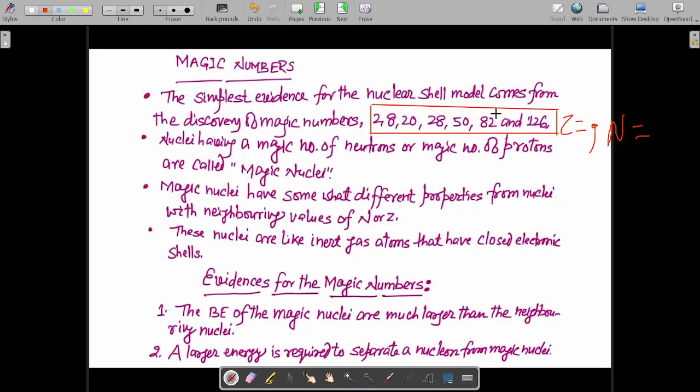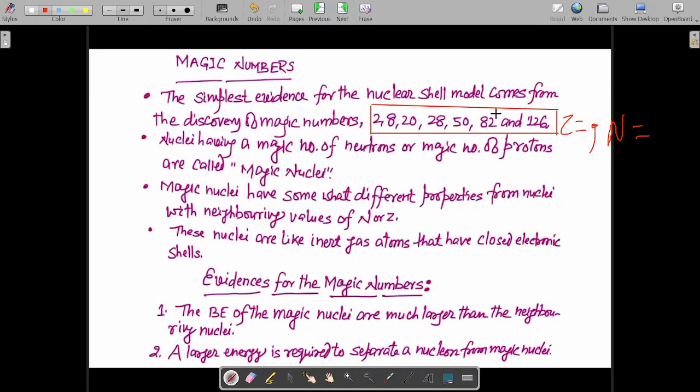Whenever we have 8 protons, that will be a magic nuclei. 20 protons, 28 protons, 50 protons, 82 protons, 126 protons, each will be a magic nuclei.